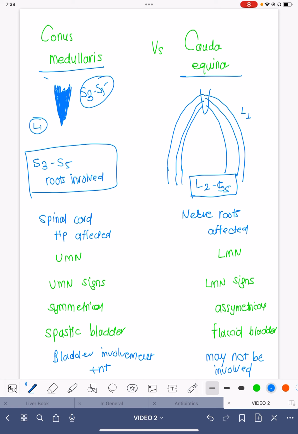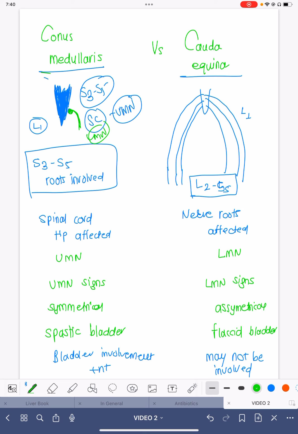So as we know, whenever there is damage to this conus, we must know the spinal cord comes under upper motor neuron, and whatever comes out of the spinal cord, especially after the anterior motor horn, is lower motor neuron. So the spinal cord is a component of UMN, that is from brain to the spinal cord.